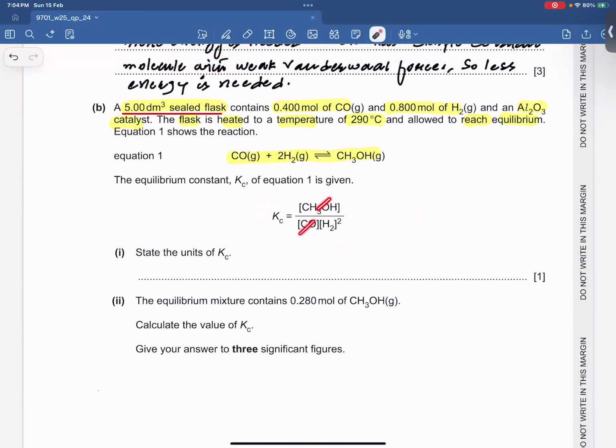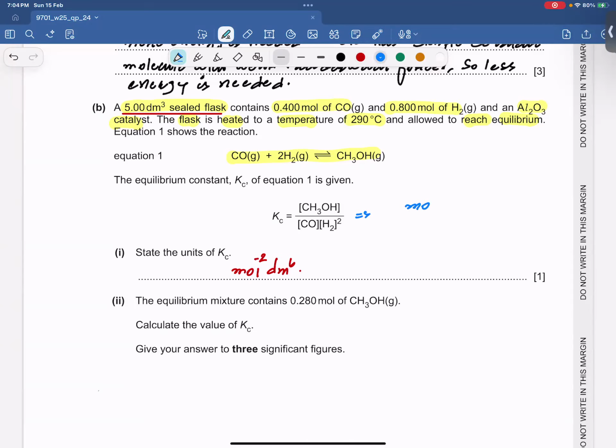This concentration is cancelling out with this one, but this concentration cannot cancel out. So unit is going to be mole inverse, dm6. I hope it makes sense to you. Let me show you how I got that unit. The concentration of methanol is going to be mole per dm cube.